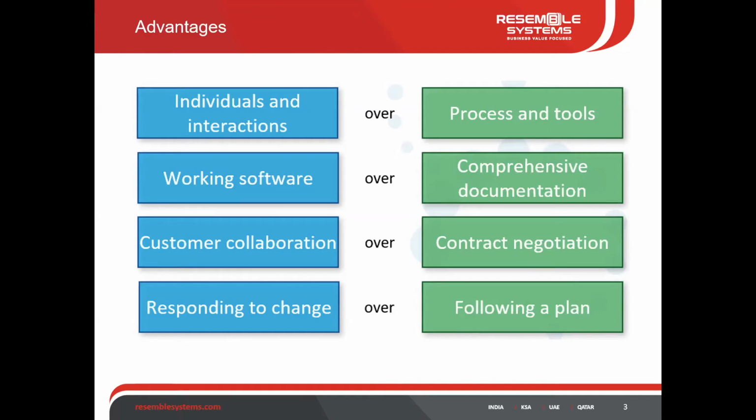So we should be in a position to respond to those changes rather than following a big plan, and at the end, we develop something else. Okay, so these are the major advantages if you're going along with the Scrum. And I believe you have come through all this feature on all this part when you are executing some projects.